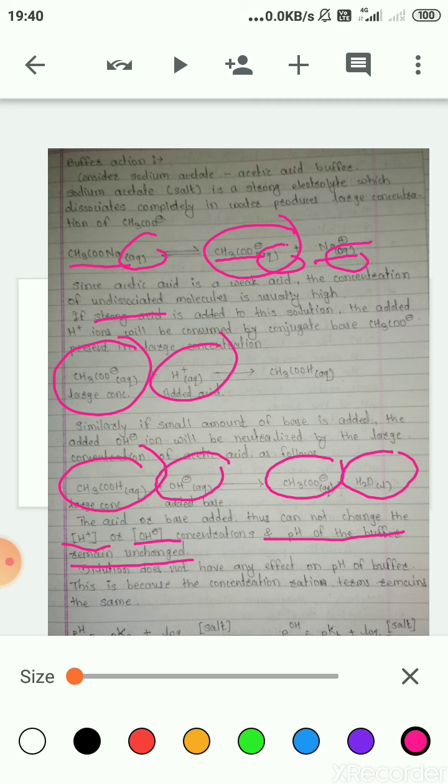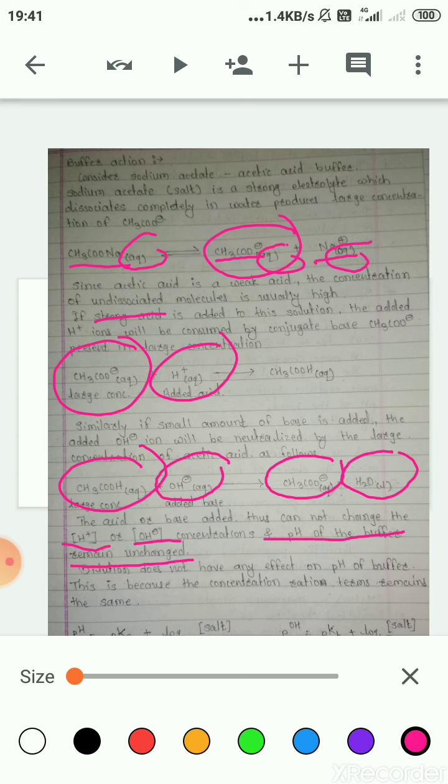In the same way, one more characteristic of buffer solution is that on dilution it does not change its pH, or the change in pH is not appreciable.